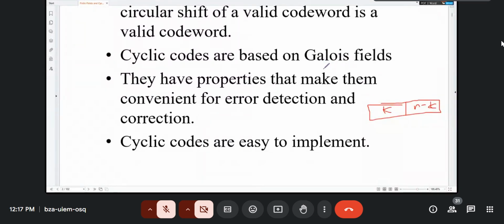Galois field just means finite fields. Because there are fields which are not finite, but we are specifically dealing with finite fields, and we call them Galois fields. You can read the history of Galois. He's an interesting fellow. He died at 21, but he made a lot of difference in the area of error detection and correction.